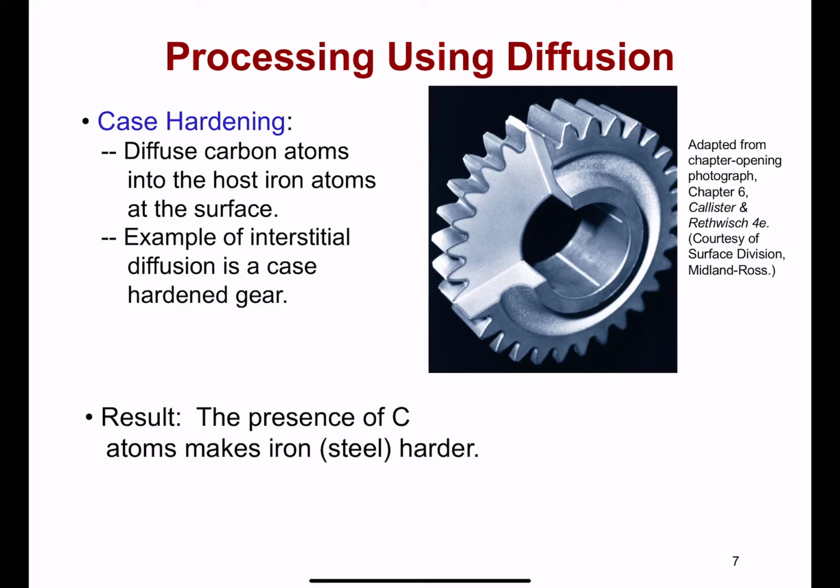But if we have additional interstitial atoms present, there's even more bonds to break due to those interstitial atoms bonding to neighboring iron atoms, for example.